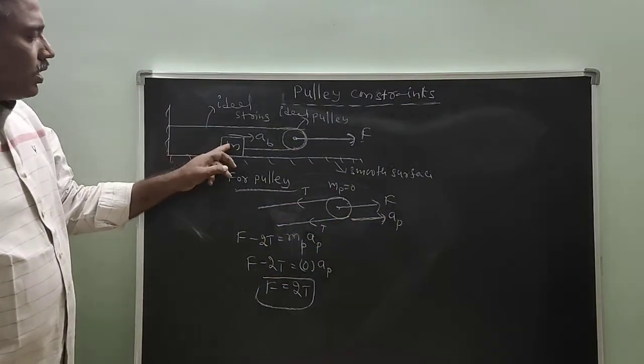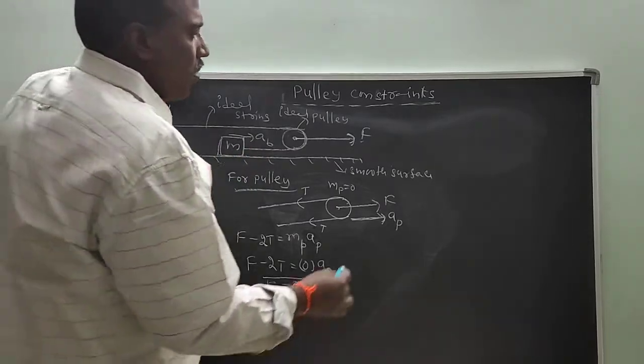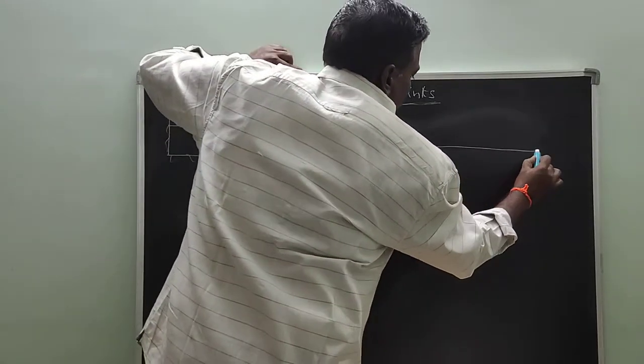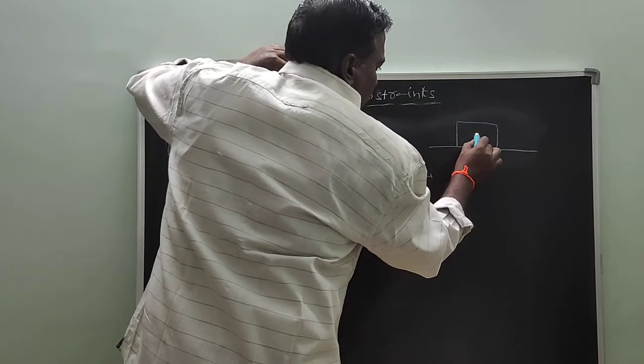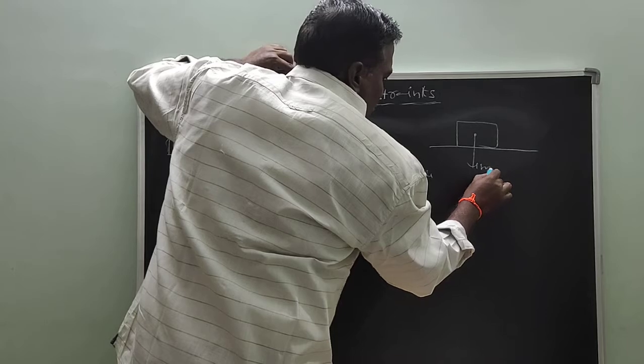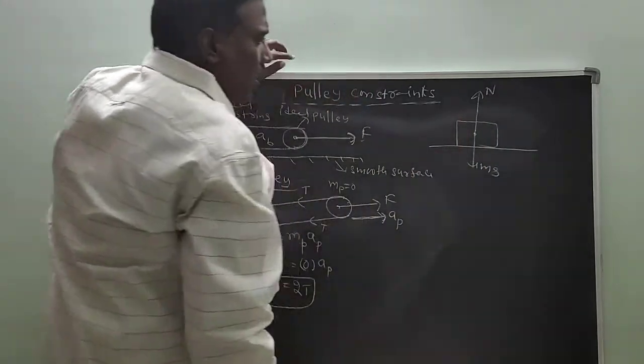Next, what are the forces acting on this block? The weight of the block, mg, is acting downward. Normal reaction is acting upward.